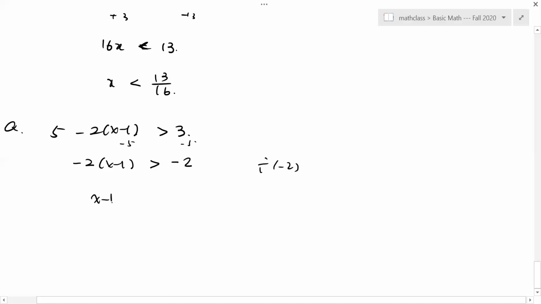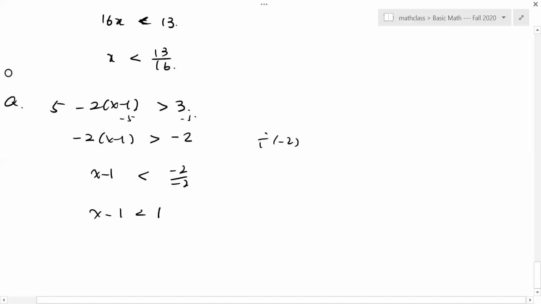So the left-hand side is just x minus 1. Then change the direction of the inequality, negative 2 over negative 2, which is just 1. So x minus 1 less than negative 1. Then you add 1 to both sides, you get x is less than 2. Right? So you can see that sometimes you don't need to multiply this out. You can find the x minus 1 first.